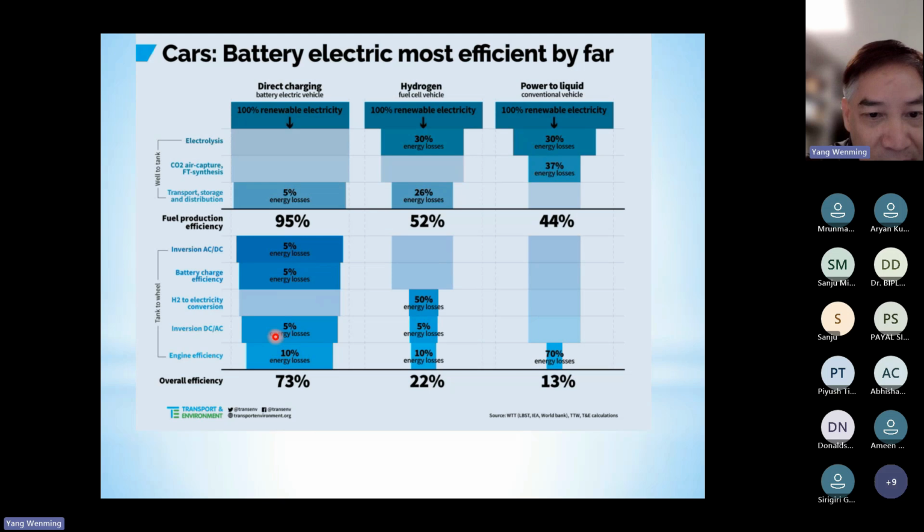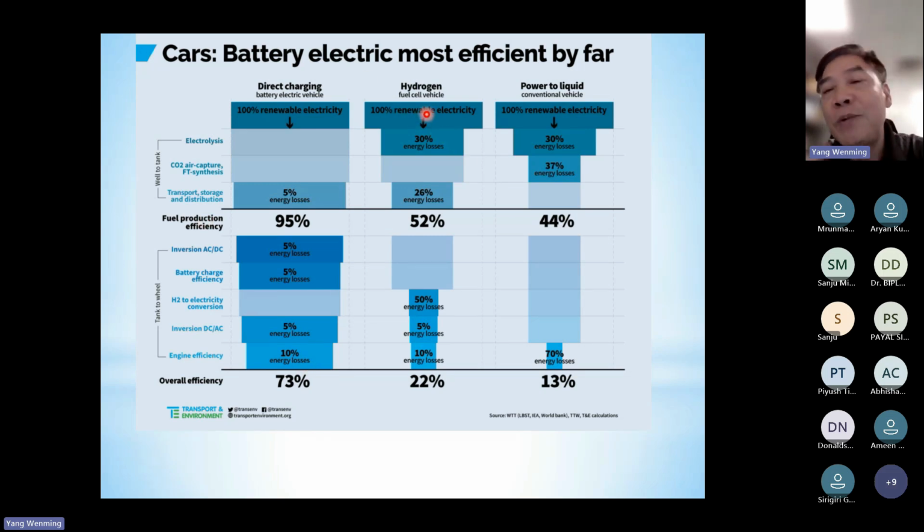And again, the inversion of DC to AC results in 5% energy loss. Then from the battery to the electric motor, there is another 10% energy loss. So overall, the efficiency is about 73%. Then we compare the hydrogen fuel cell.